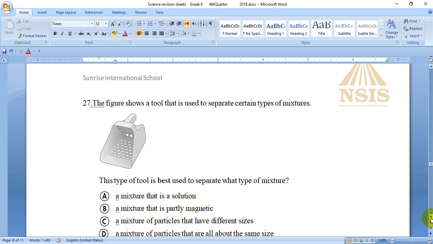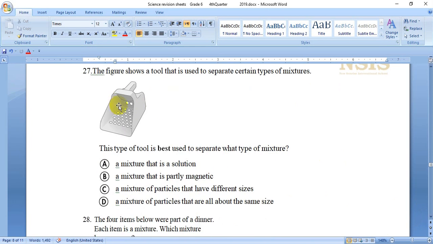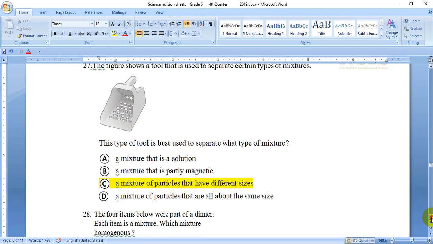We can use a magnet to separate magnetic stuff from non-magnetic. Or a mixture of particles that have different sizes, or a mixture of particles that are about the same size. This one we can use to separate a mixture with different sizes, because the big pieces will stay here while the small particles will go through these holes. So we will answer with letter C, different sizes.